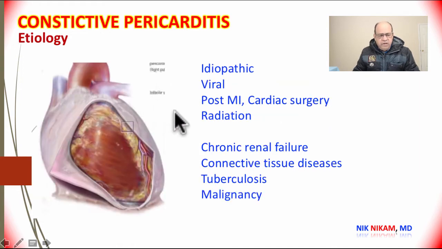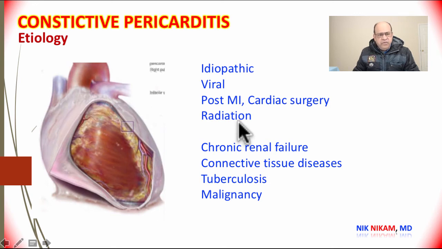Let's talk about etiology. In most cases, the etiology is idiopathic. Sometimes it may be related to a viral infection. It can happen following myocardial infarction or cardiac surgery, and it is also seen following radiation.